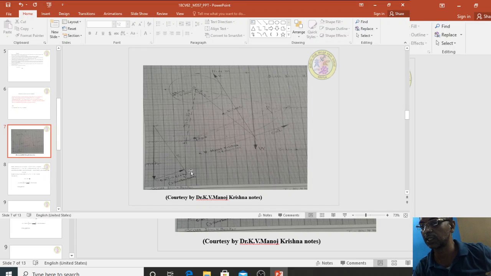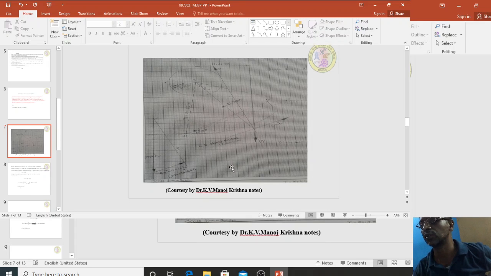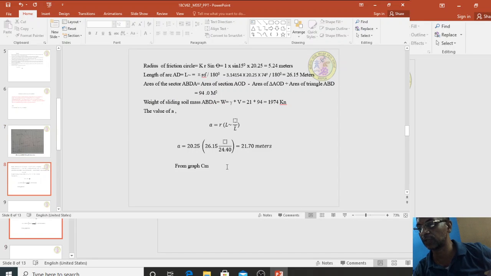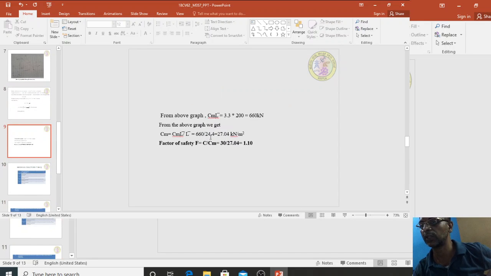Draw this line parallel to this line, draw this line parallel to this line. Wherever they intersect, remove the excess line. You will get Cm into L dash as 660 kilonewton. So once you get 660 kilonewton, divide that by 24.4, L straight line, and it will give 27.04 kilonewton per meter square.